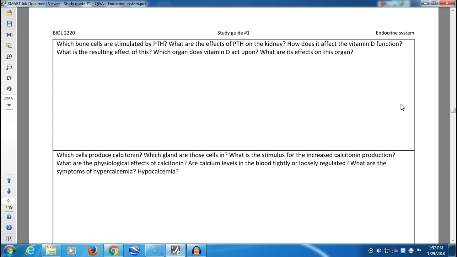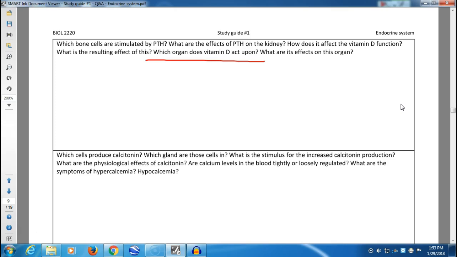Is that a direct effect of parathyroid hormone or not? It is not. What do you need for it? Vitamin D. Vitamin D is activated in the kidneys, right? Acts on the intestines, calcium absorption increases. Are we clear? That's all.